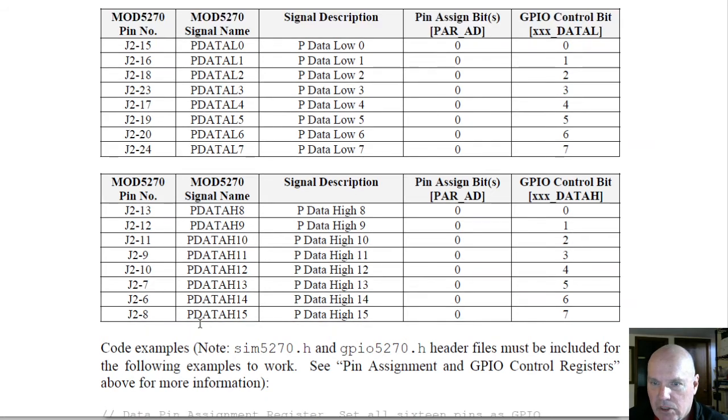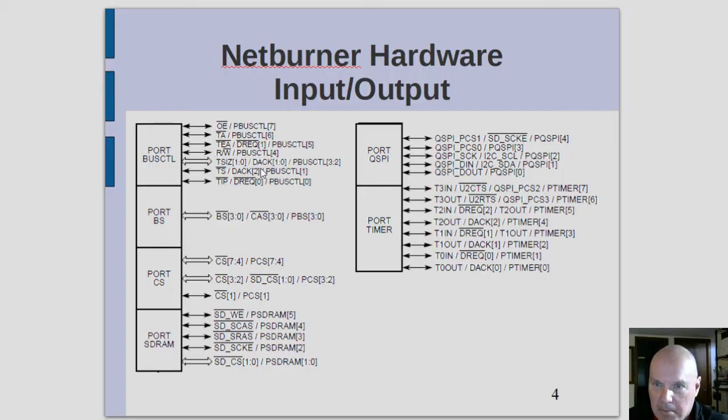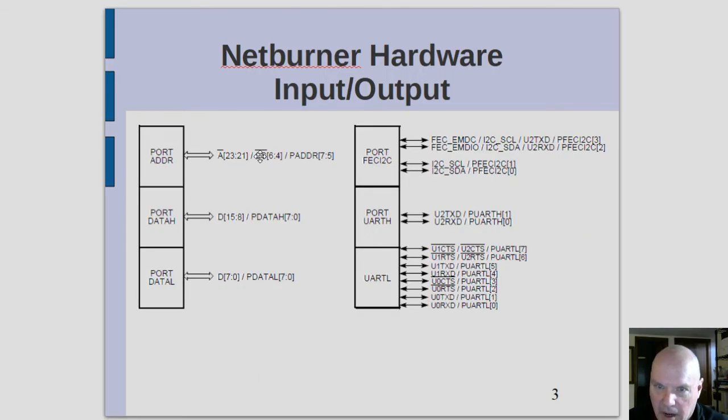So it's connected to the P data high port, and P data high 15 is where J28 is connected. So again, looking back at this diagram, the port data high is actually where that pin is connected.